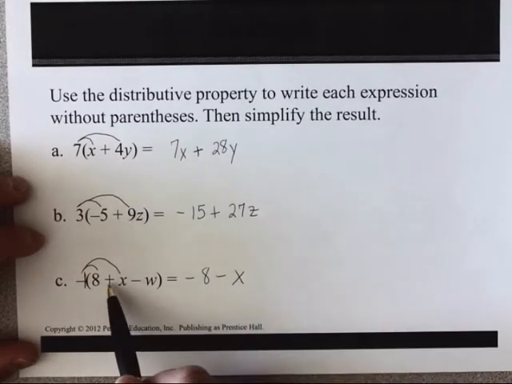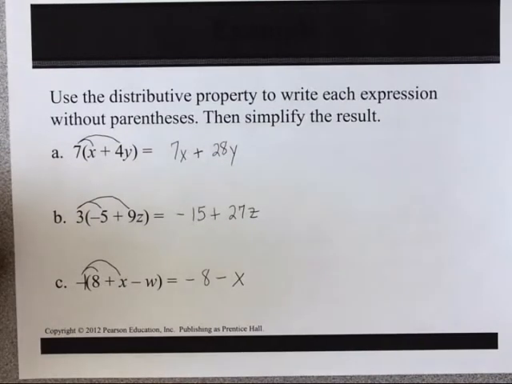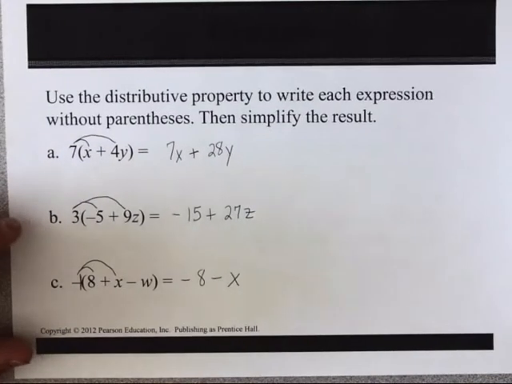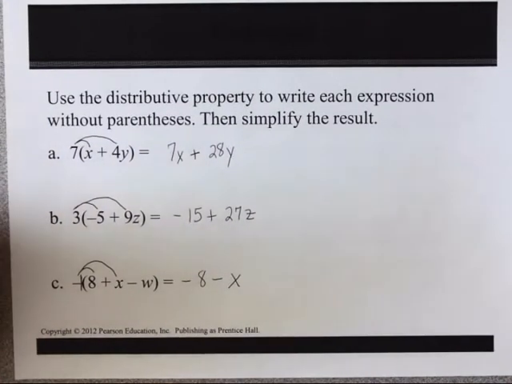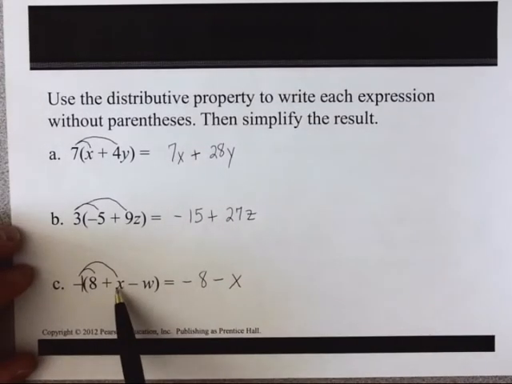So these signs in these parentheses can change. I encourage you to not use double signs. So don't write plus minus or minus minus or anything of that nature. That's going to make things thoroughly confusing whenever you start solving. So use the sign that's in front of these terms as the sign of this term, and then multiply.